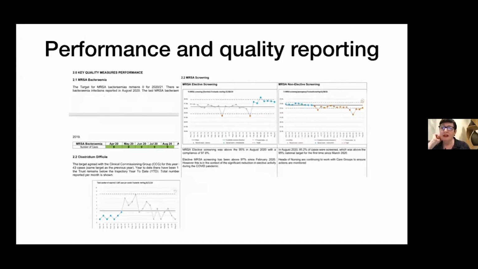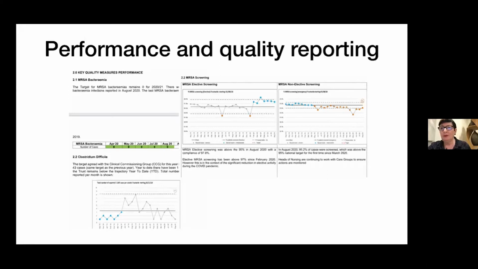Performance and quality reporting. So this is a basic set of job performance and quality reporting. It's pretty standard in a department to have to say, be accountable for how you're doing against particular standards. So this performance and quality reporting has got some numbers. It's got the green numbers here, which have got the MRSA numbers of bacteremia, and then it tracks those over time.